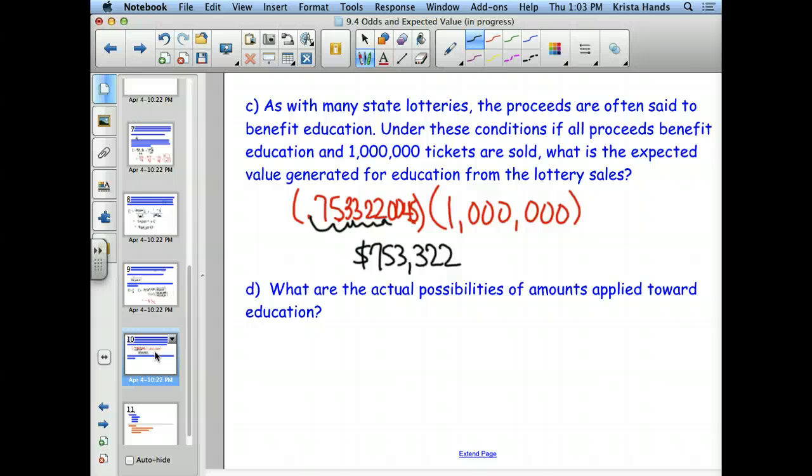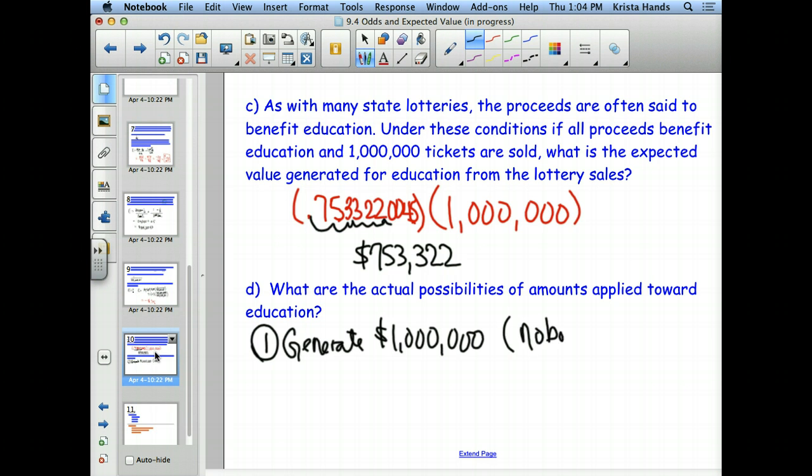What really happens is either they sell the million tickets and nobody wins, in which case how much money is made? $1 million. Everybody with me? Nobody wins and everybody pays $1 per ticket. They really generated $1 million worth of income. Okay, so the actual possibilities. One possibility is that they generate $1 million, and this is the case when nobody wins.